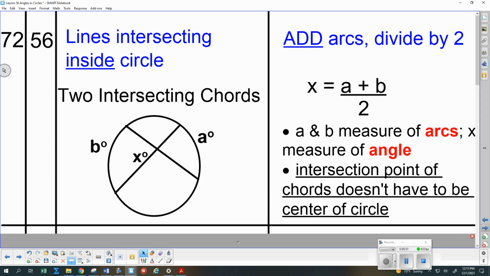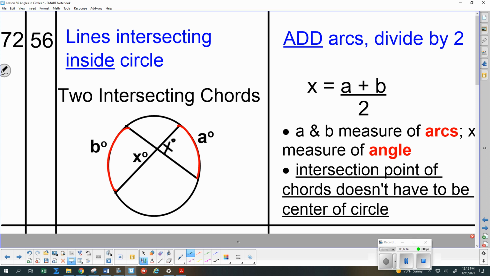If you have two lines that cross inside the circle, then what is going to happen is you are going to have these two arcs, and these two angles are going to be congruent to each other because they're vertical.